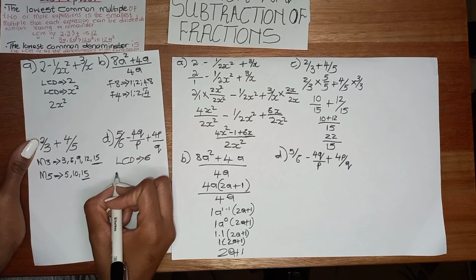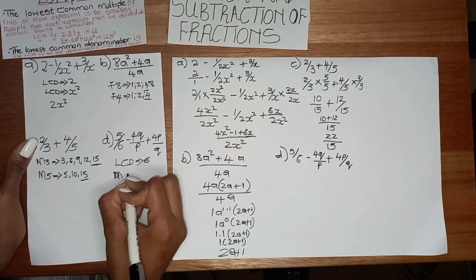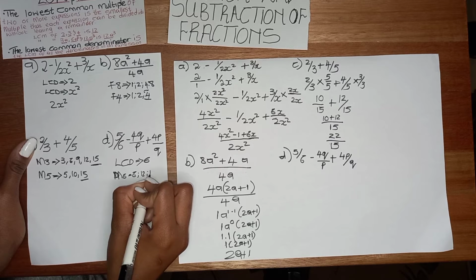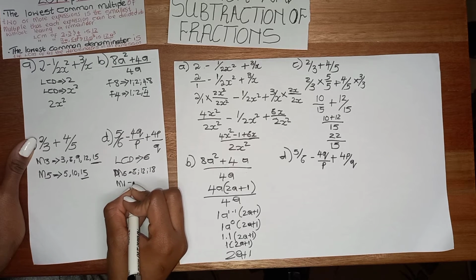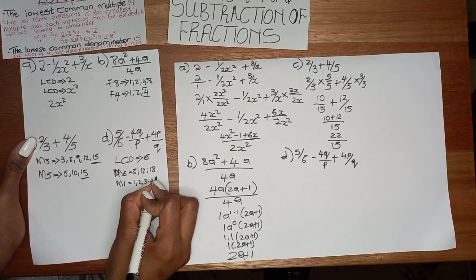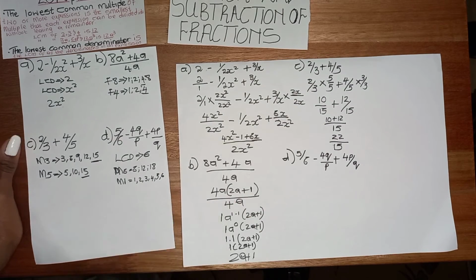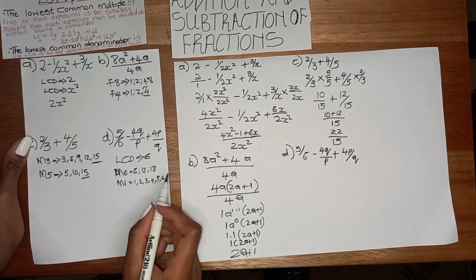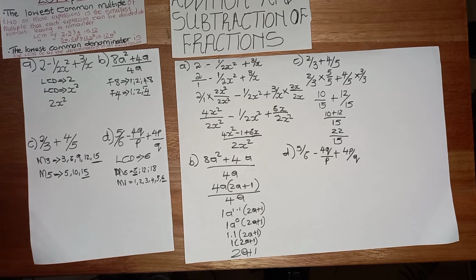Let me just show you, multiples of 6 will be 6, 12, 18, and then multiples of 1 will be 1, 2, 3, 4, 5, 6, the same as the coefficient of q. So as you can see, the lowest common multiple will just give us 6.